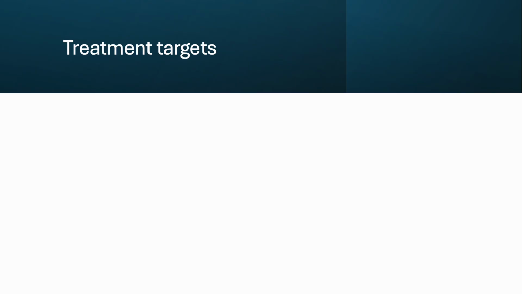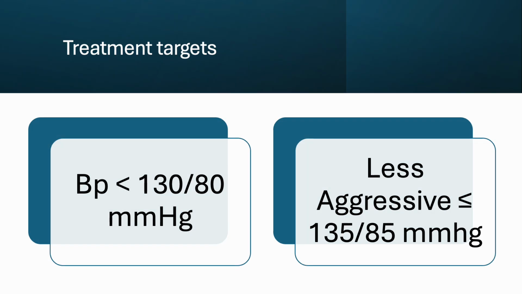Another brief overview about the treatment targets. So, treatment targets should be individualized for every patient. This should be documented in the patient's notes as well as verbally informed to the patient. So, some clinicians prefer a more aggressive threshold. Let's say the target threshold for blood pressure should be less than 130 over 80.